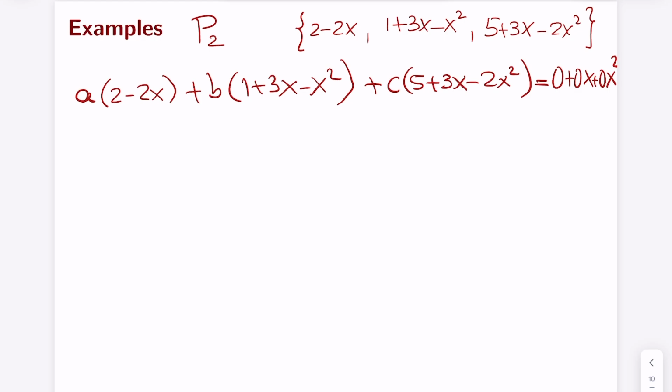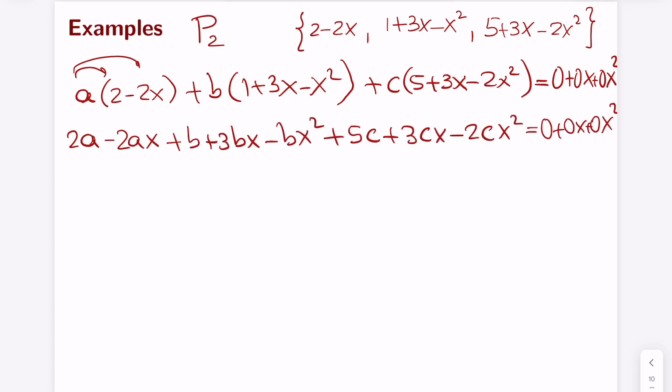Okay, so now we do the operations and we consider the identity of these polynomials. So let's do distributive here. We have here 2a. Once that we do all the distributive to do this operation, now we are going to group like terms.